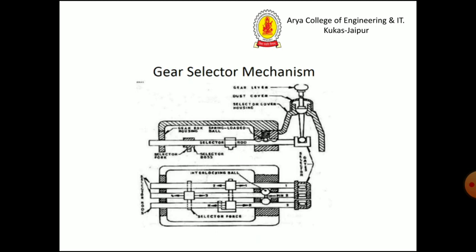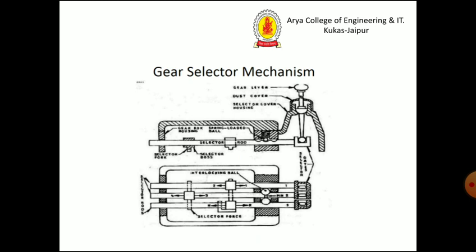This is a constructional detail of the gear selector mechanism, in which there is a gear lever having a dust cover and the selector cover housing, which is connected with a selector rod.